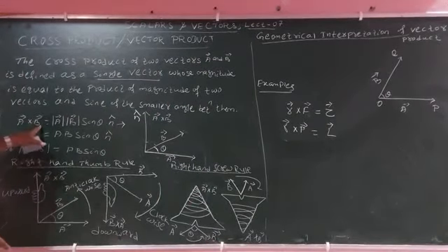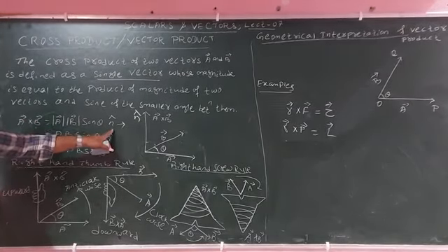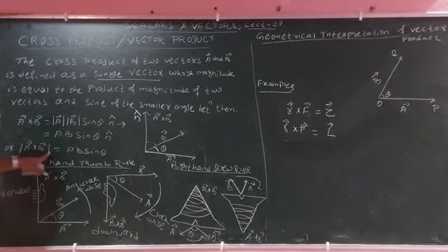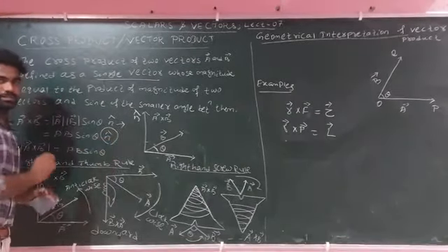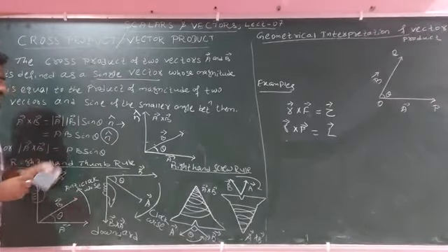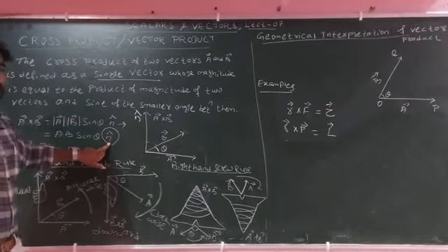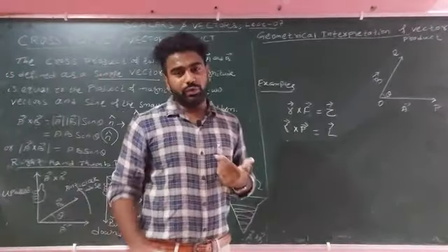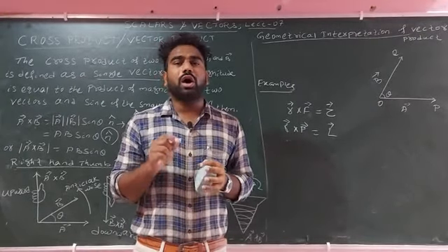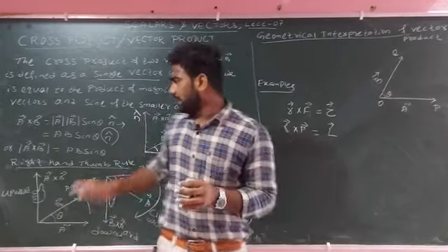Now A cross B equals magnitude of A into magnitude of B into sine theta and n cap. The magnitude of A cross B is AB sine theta, and n cap is the direction part of the single vector. We know that n cap is the direction part of the vector.